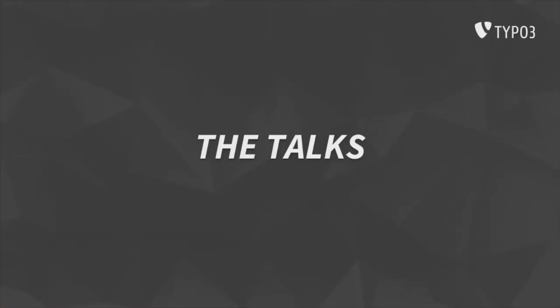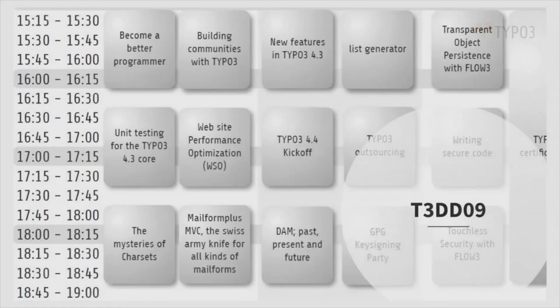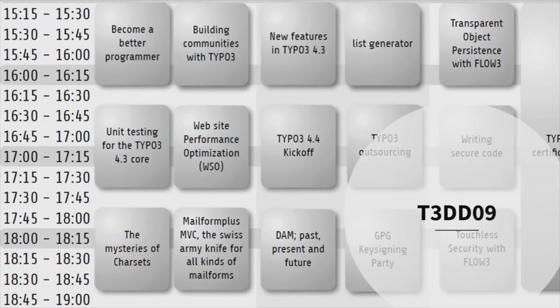There's the slightly less obvious answer, which is probably the answer for some of you: the talks. So I went back in time and took a look at the 2009 talks. That's the schedule, by the way, from 2009.